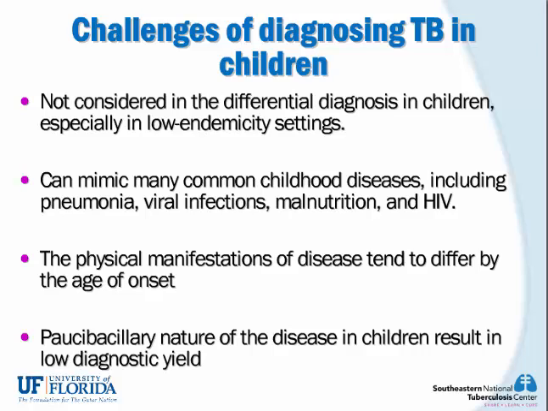The physical manifestations of tuberculosis vary with the age of onset. While younger children can manifest with any manifestation and look sick and very ill, older children tend to have pulmonary TB and look totally asymptomatic.